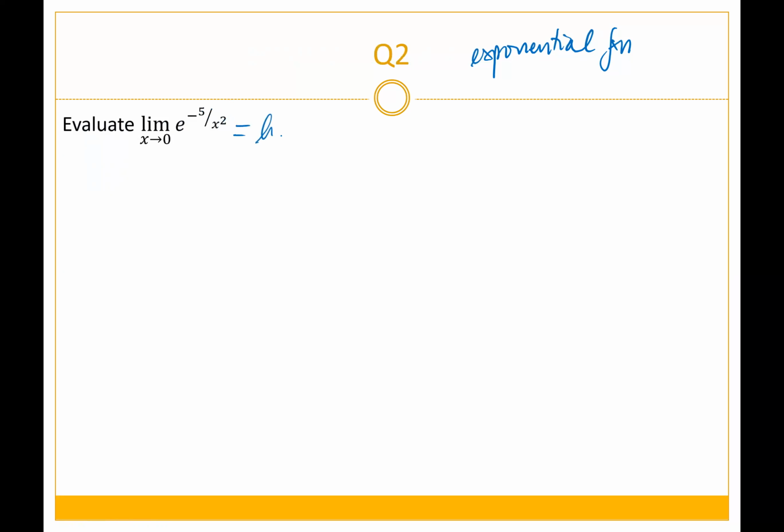So it's going to be the limit as x approaches 0 of e to the negative infinity. So this part is 0. This is again back to the range and domain of the exponential function as well as the log function that you have to revise. It's not hard, it's actually a very easy one.